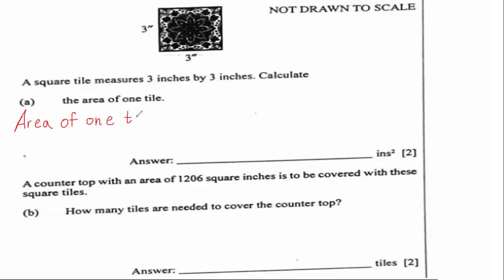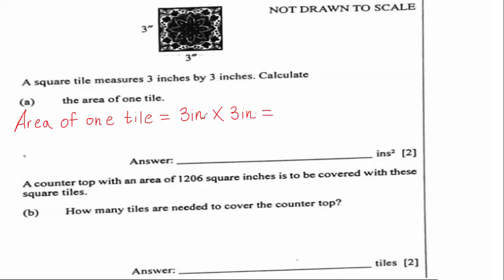Area of one tile is going to be equal to 3 inches multiplied by 3 inches.